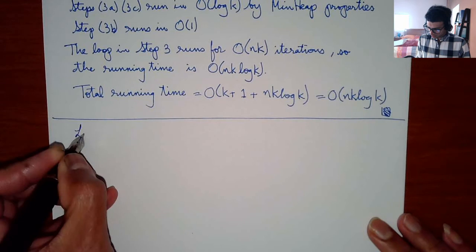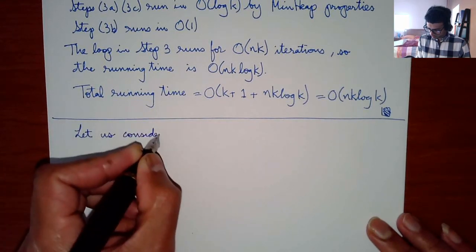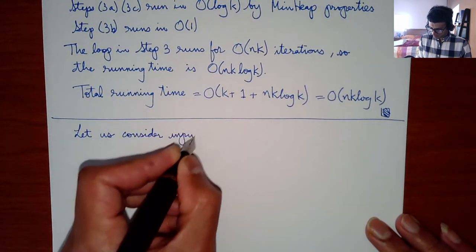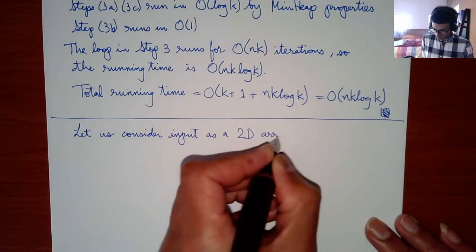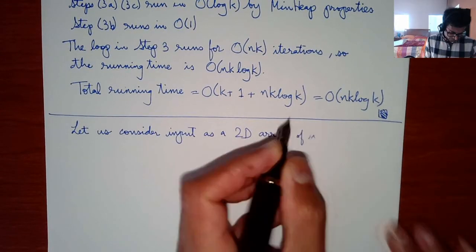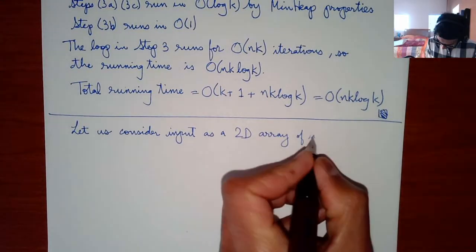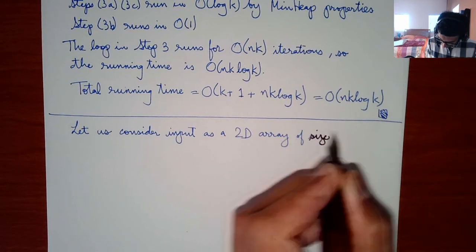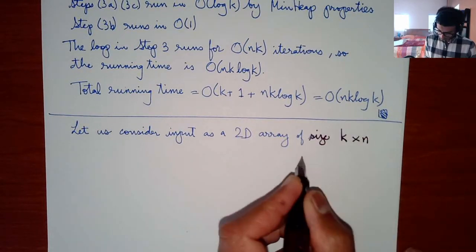So let us consider the input as a 2D array A of size k cross n.